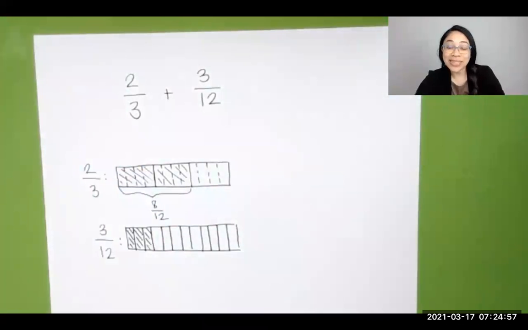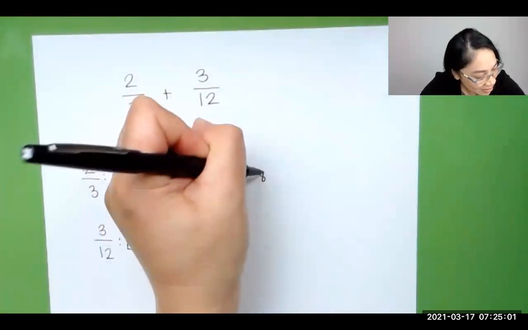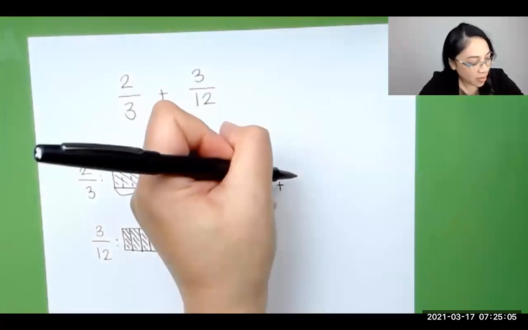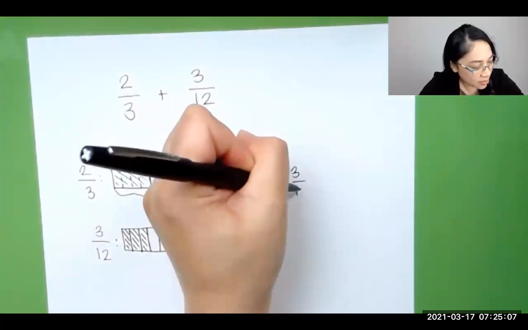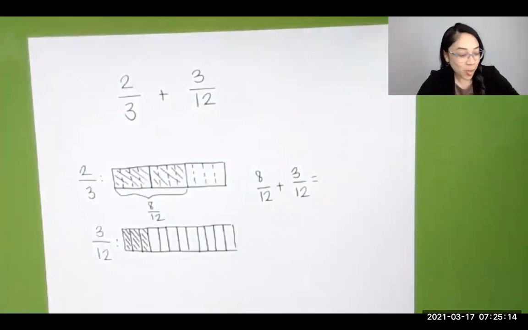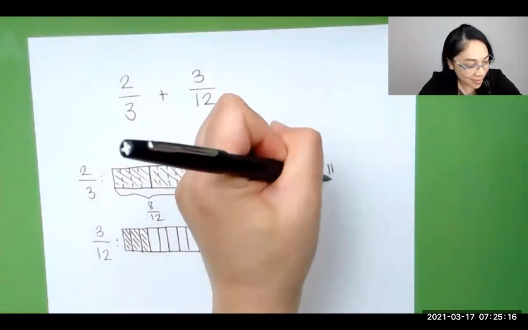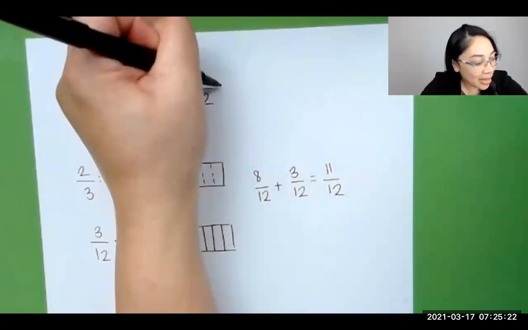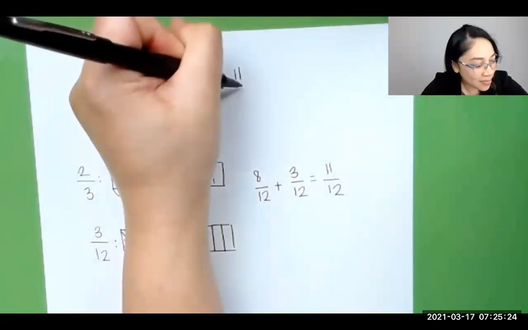So our new addition sentence is 8/12ths plus 3/12ths, and that equals 11/12ths. Therefore, 2/3 plus 3/12ths equals 11/12ths.